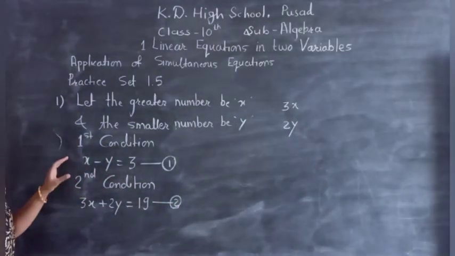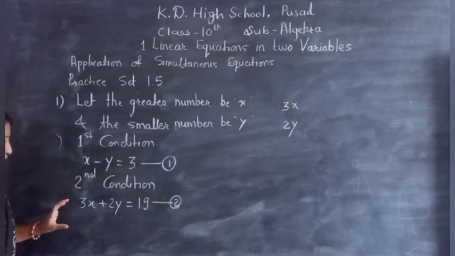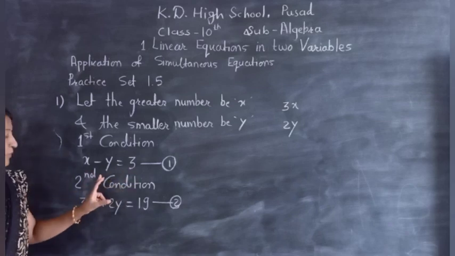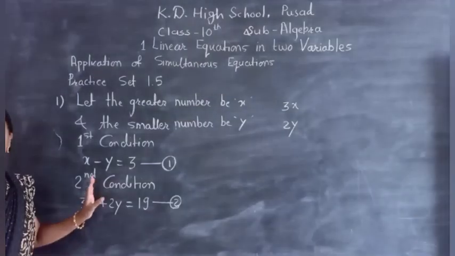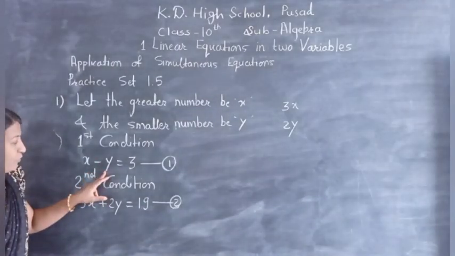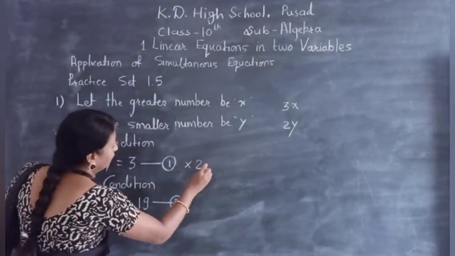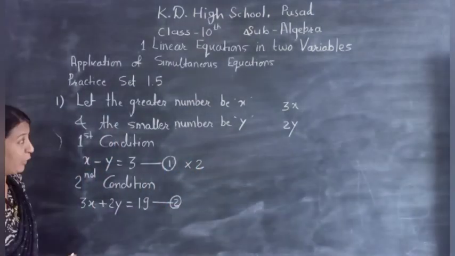Now we have to solve these two equations by the elimination method. First of all, make the coefficient of either x or y equal. So for that we have to multiply equation 1 by 2 to make the coefficient of y equal.